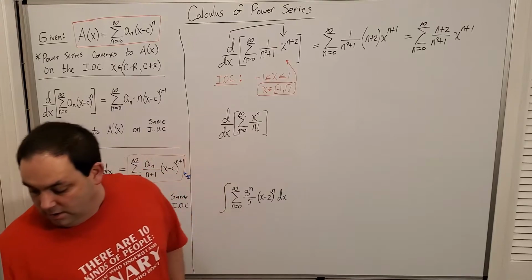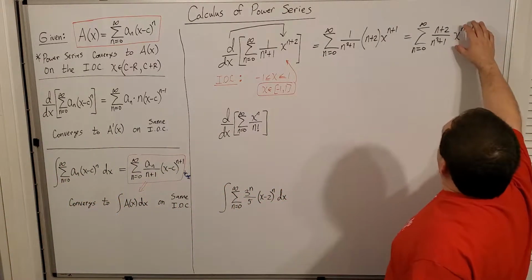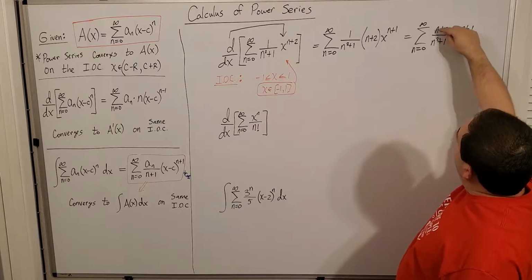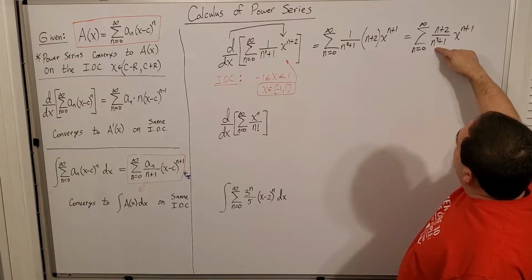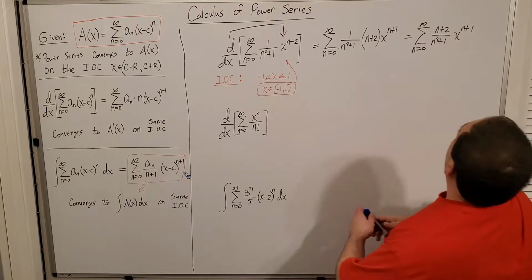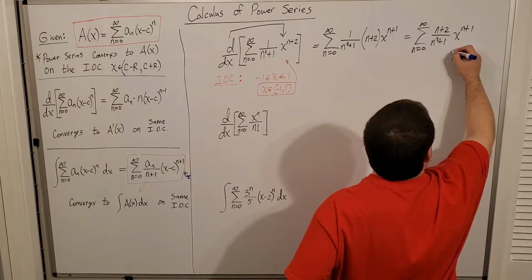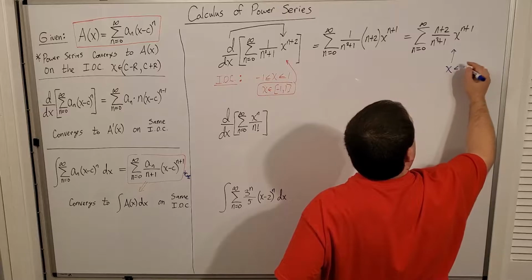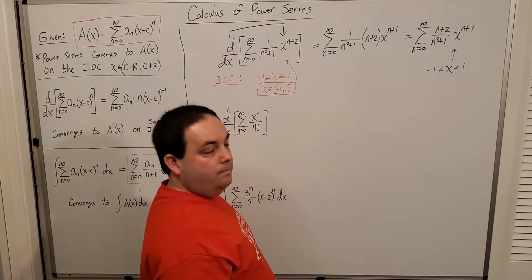Now take a look at the derivative. It's going to be the same interval because, again, if I take the root test, right, the nth root of n plus 2 is 1, the nth root of n squared plus 1 is 1 as n goes to infinity, and the nth root of x to the n plus 1 still tells me that my x has to be in between 1 and negative 1. Okay?